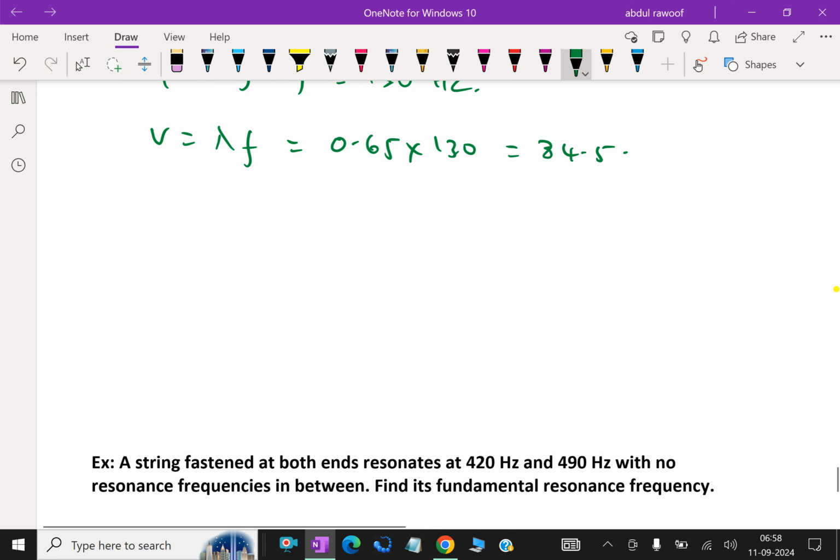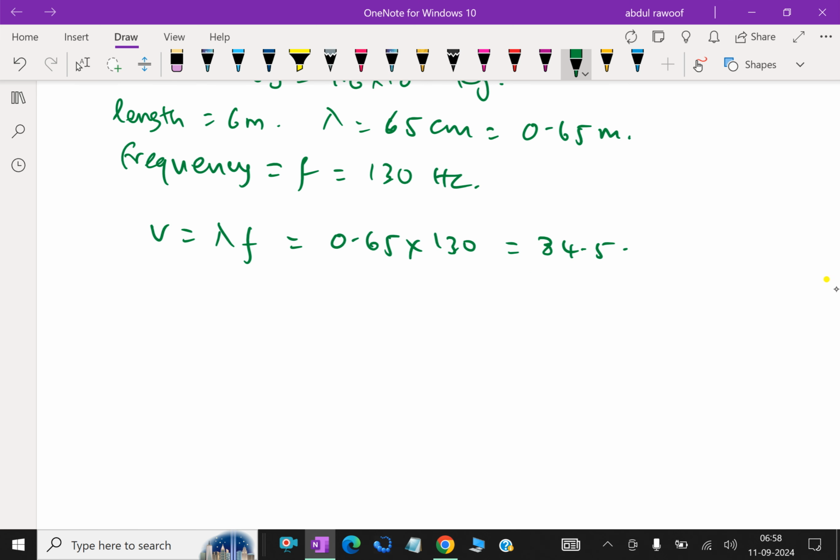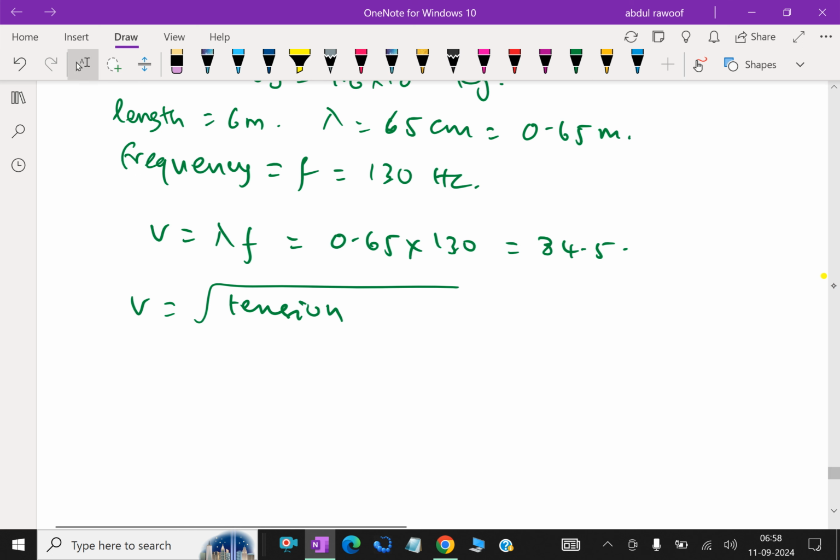We know that v speed, having another formula, is square root of tension in the string divided by mass per unit length.